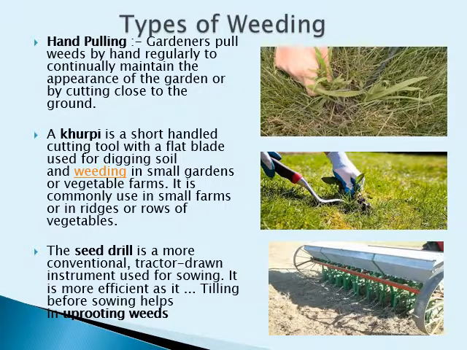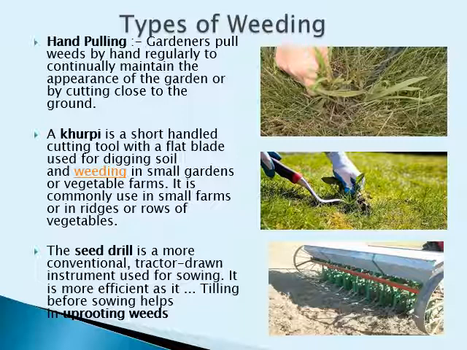Now, weeding can be of different types. The first method is hand pulling. The second is by using a tool called a khurpi, and the third one is by seed drill, a machine. Now, gardeners or the people who are working in a field pull the weeds by the hand pulling method, or they can even cut these plants close to the ground.